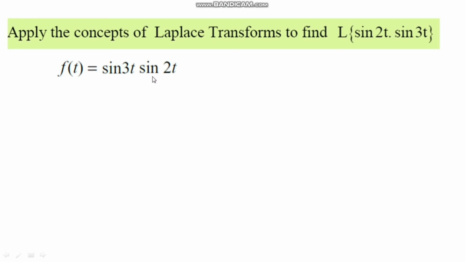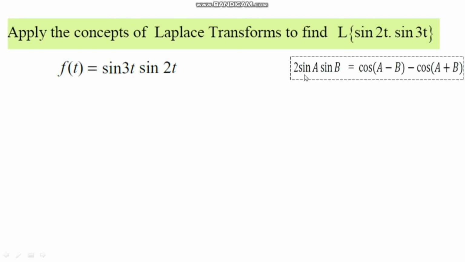So it is a product. Now it can be expressed as, we know that 2 sin a sin b is cosine of (a minus b) minus cosine of (a plus b). According to this formula we can express this function by multiplying with 2 and dividing with 2: 1 by 2 times 2 sin 3t sin 2t.